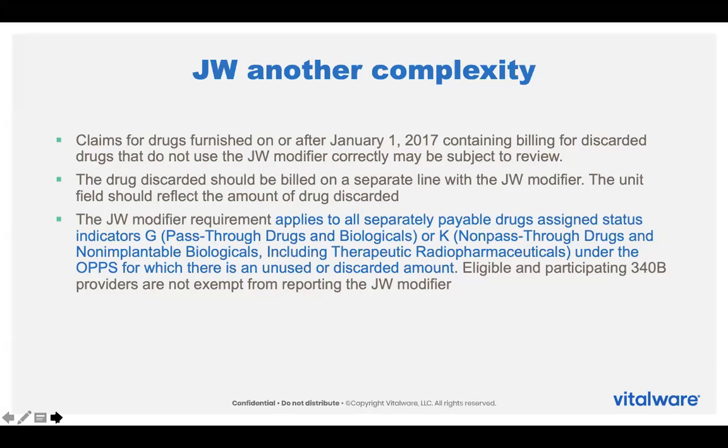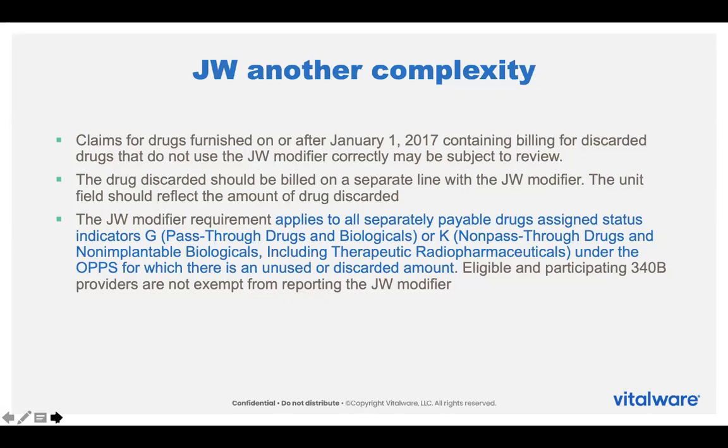On line 2, you're going to use the same HCPCS code with the JW modifier and the price for that. The price for both the administered and wasted should not exceed the total price for the vial that you're providing. So that's one of the tricky parts within the billing system.